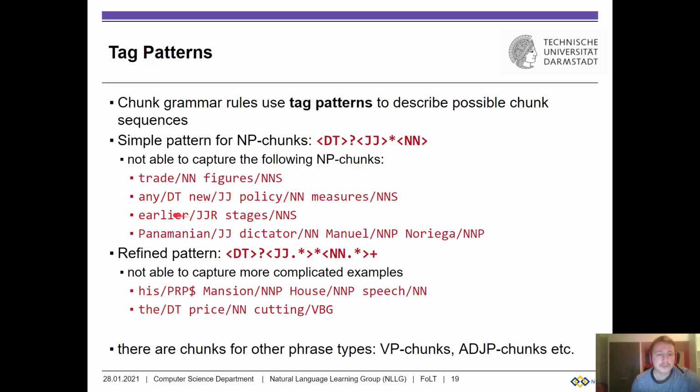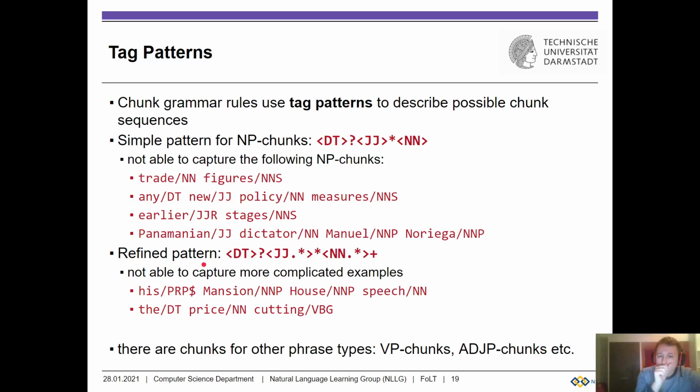It would also miss earlier stages, because earlier is a JJR. So it's also an adjective, but it's a subtype of an adjective that is not matched by our regular expression here. It would also not match Panamanian dictator Manuel Noriega, because here we have a proper name at the end. So our pattern would miss many other cases.